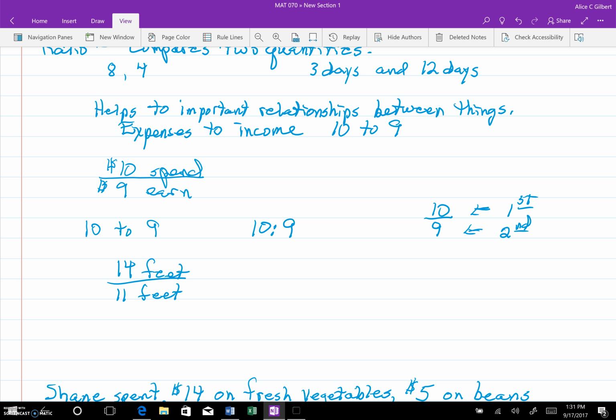Well, remember, guys, anything over itself equals 1, and feet over feet equals 1. So then we would end up just writing this as 14 over 11. When the measurements are the same, the measurements just go away because it's the same thing over itself.